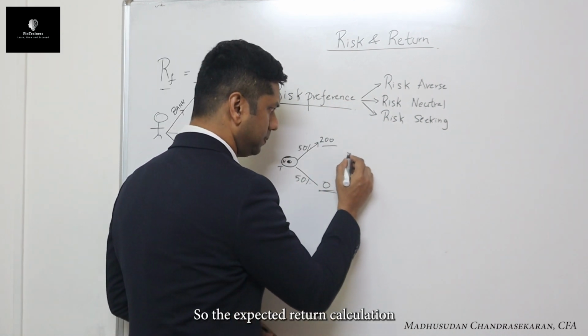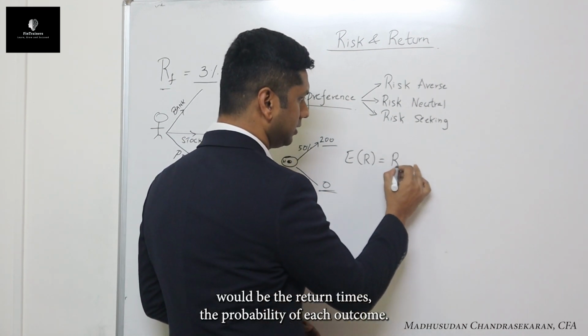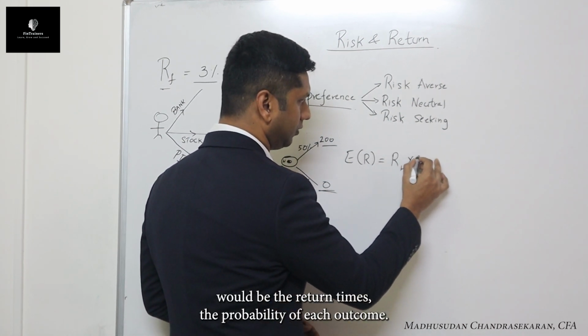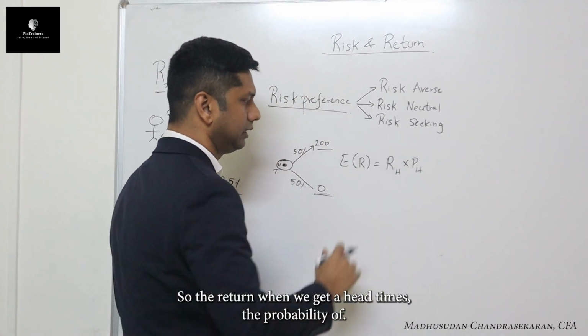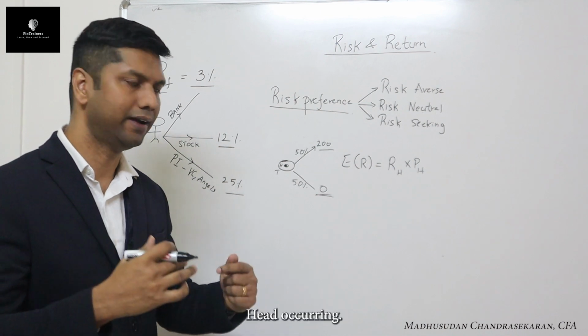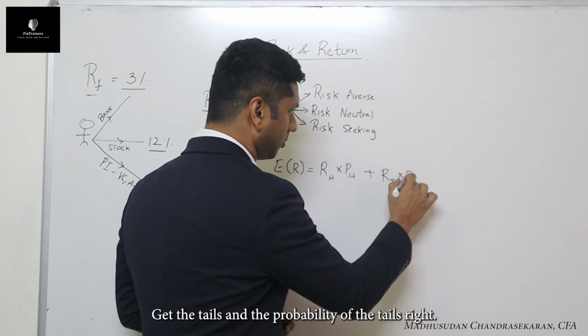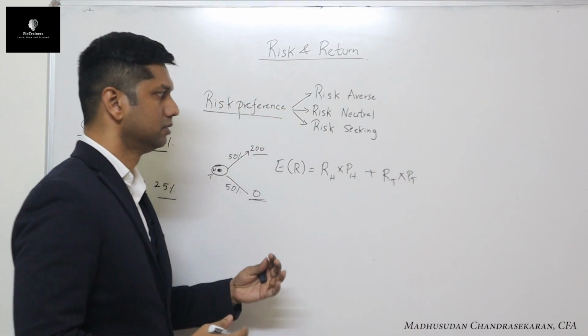So the expected return calculation would be the return times the probability of each outcome. So the return when we get a head times the probability of head occurring, and the return when we get the tails and the probability of the tails, right? Simple.